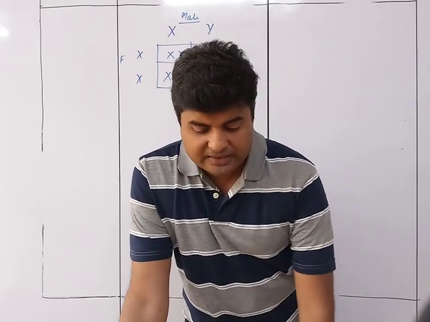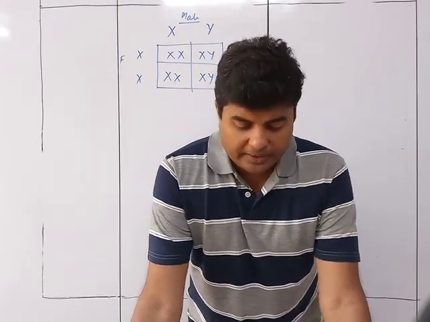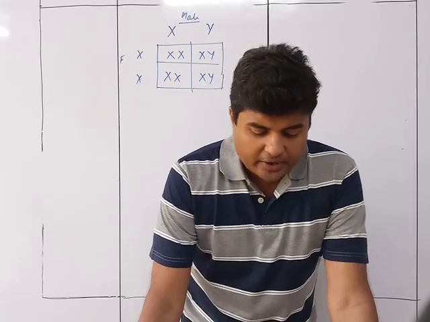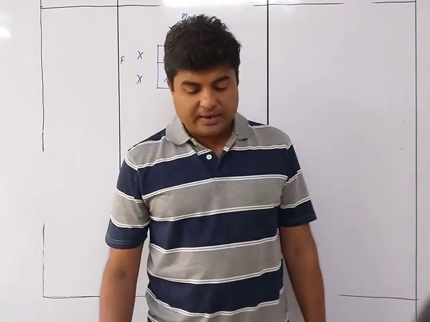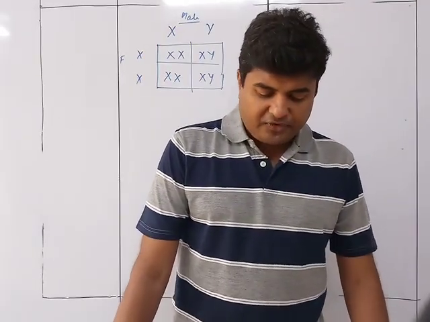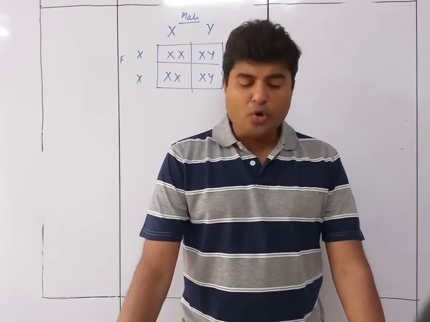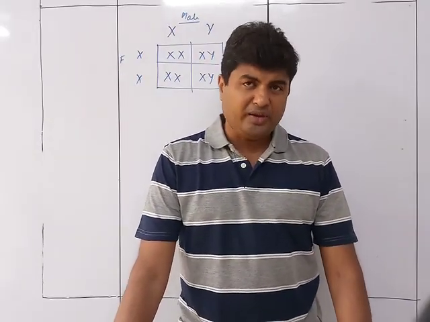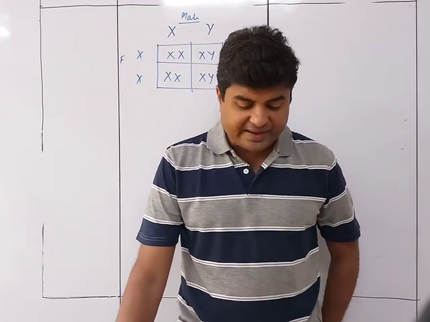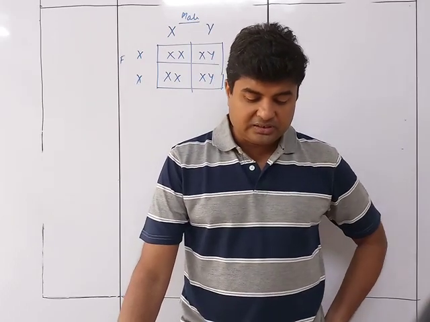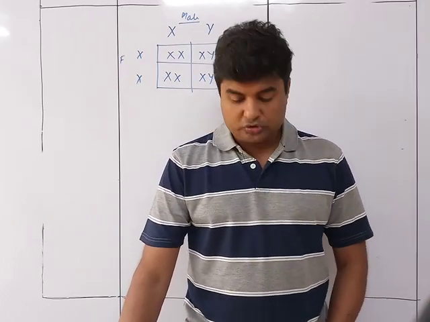First we see X-linked inheritance. Certain hereditary disorders such as hemophilia and color blindness are more common in males than in females. Such defects are due to recessive genes which occur on the X chromosome.